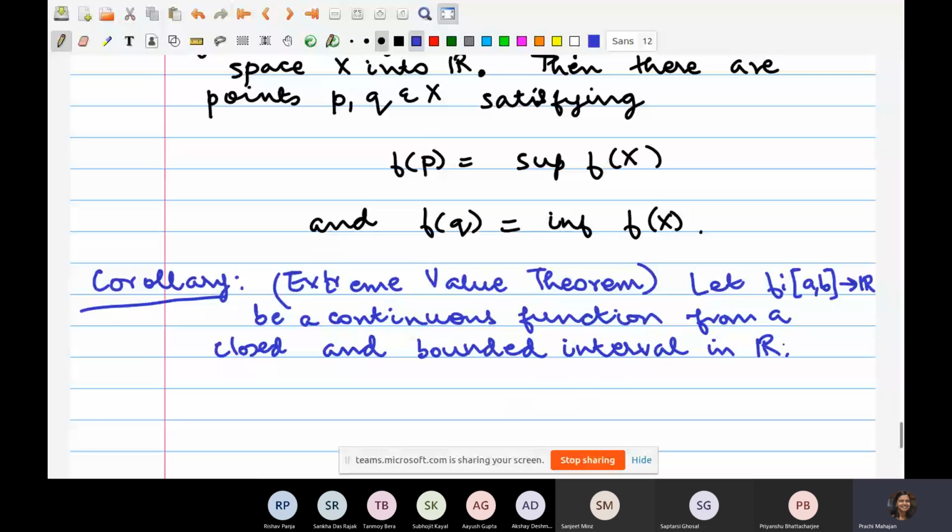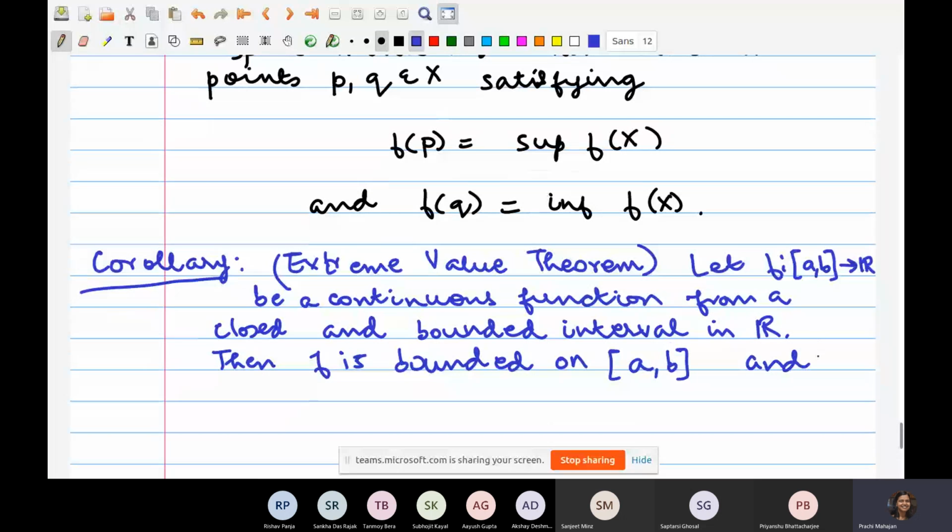Then the theorem I've stated above is exactly saying that f is bounded on the closed interval [a, b], which means that the supremum and the infimum of f exist. And moreover, f attains its bounds.